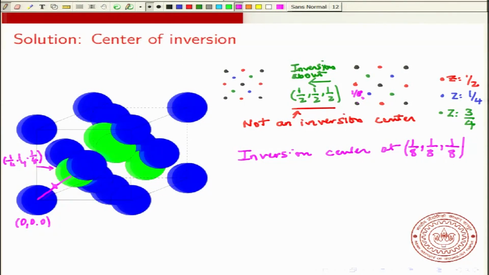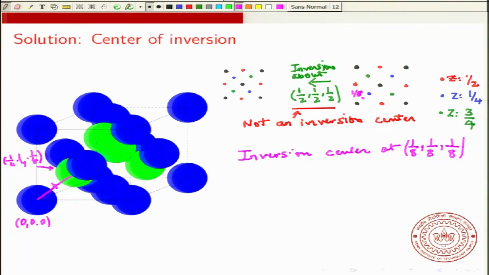Remember, when you invert about this point, the points at 0, 0, 0 and 1/4, 1/4, 1/4 will swap each other. And you can show that you will generate the entire crystal in this way.